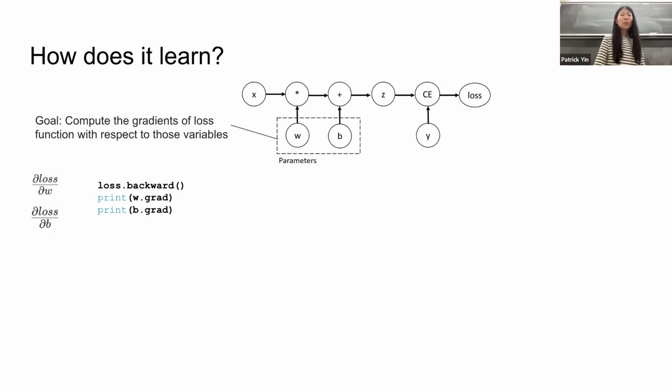In other words, we want to compute the gradients of the loss function with respect to those parameters W and B. In PyTorch, it's very simple, just one line: loss.backward(). This line computes the gradients for all the tensors, for example the matrix W or B, or you can also say X.grad and so on.